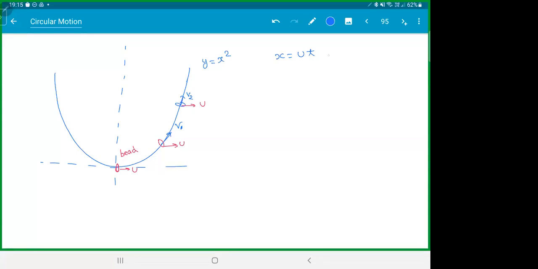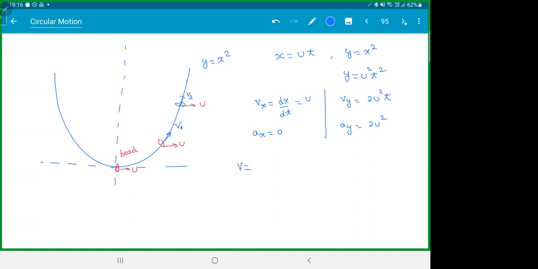If you know the x coordinate, then you know the y coordinate also. y is equal to x square, so y will be u square t square. Again, what is velocity? vx will be dx by dt, which is u, that I already know anyways. Acceleration is 0 because it is constant. vy will be 2u square t, and ay is 2u square.